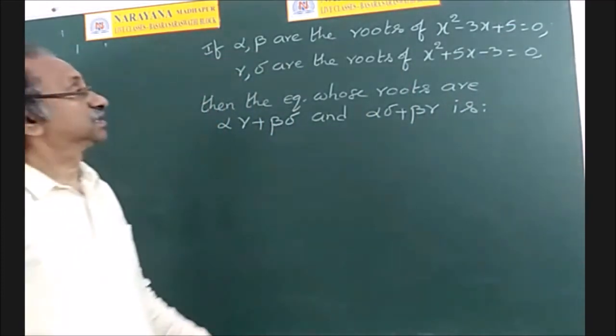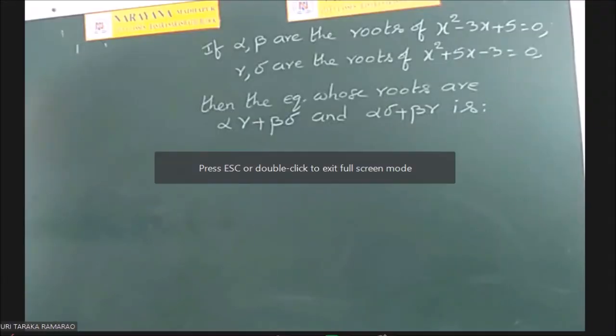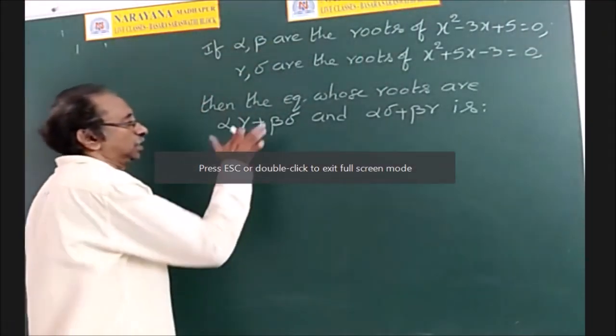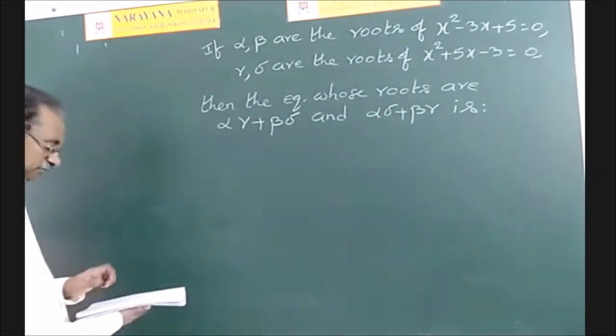So given that alpha beta are the roots of the first equation, gamma delta are the roots of the second equation, then find a quadratic equation whose roots are this one and this one. That is the first question.